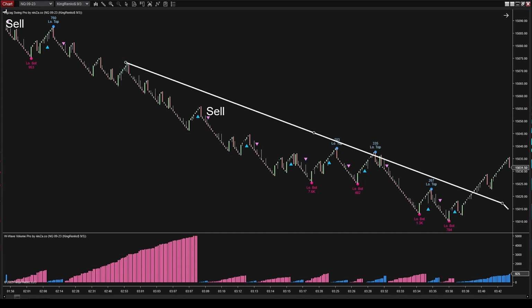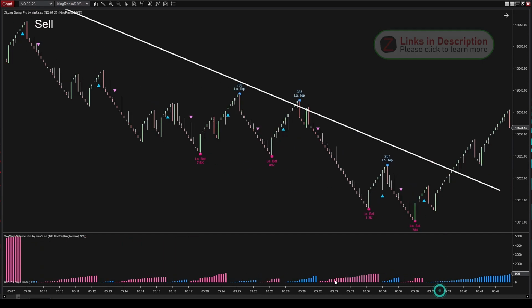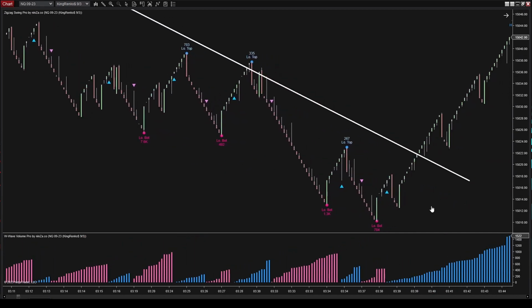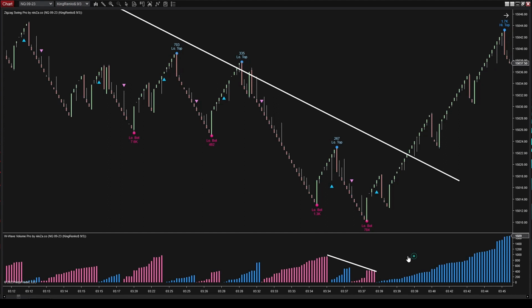Here, we can observe that the price has surpassed the downward trend line. Consequently, I will now analyze the volume at this particular point. The volume at the swing bottoms provided by Zigzag Swing Pro decreased from 1300 to 784, and WWave Volume Pro also indicated a decline in sell volume.